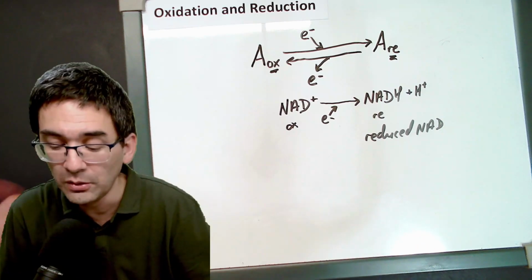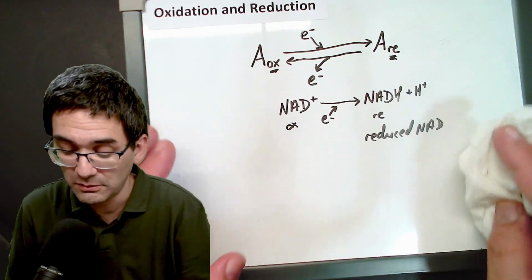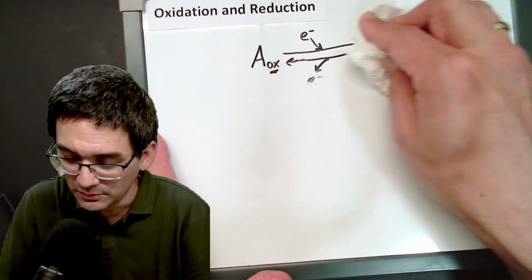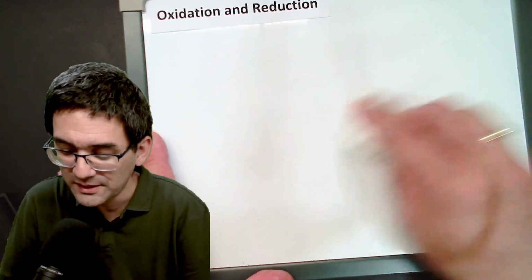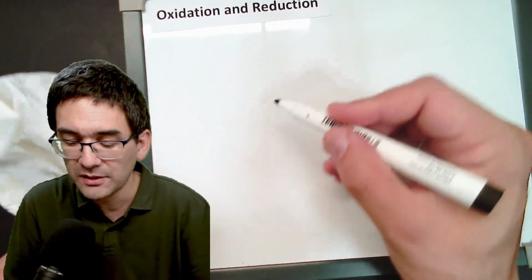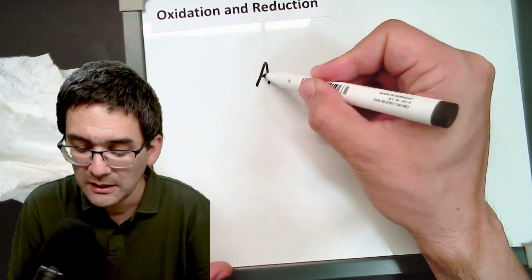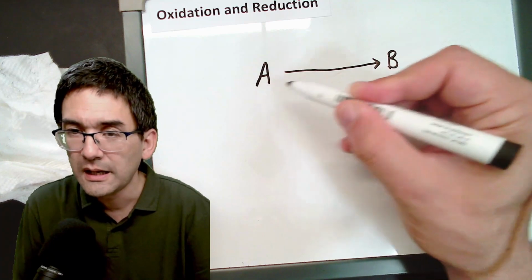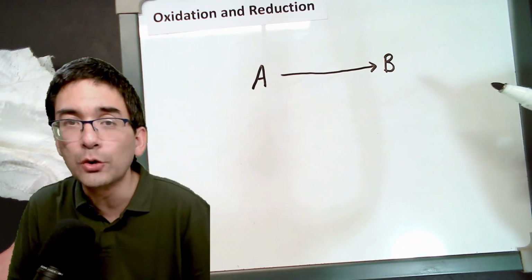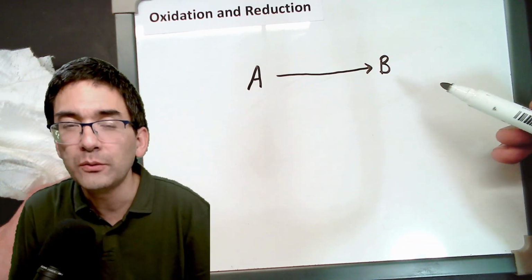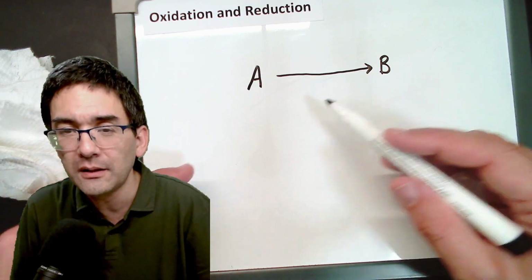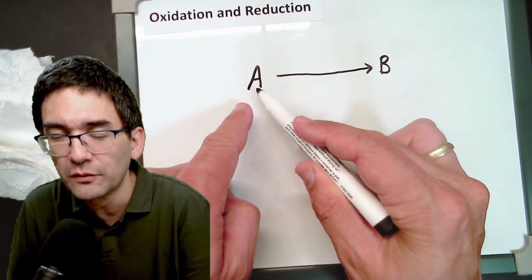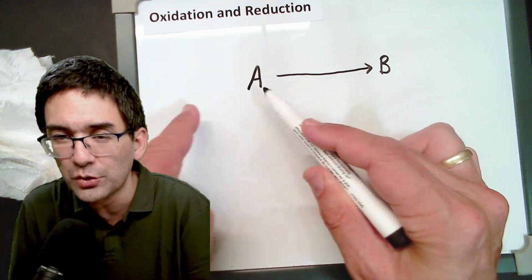And I'm going to show you now how this can actually happen. So I'm going to erase this again, and what we have now is we're converting substance A into substance B. And let's say that this here is an oxidation step. When I say an oxidation step, I refer to the substance here. This substance over here is reduced and then it's oxidized, so it's an oxidation step.